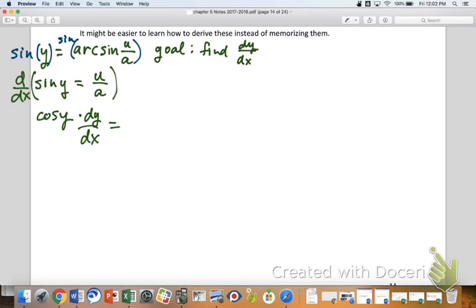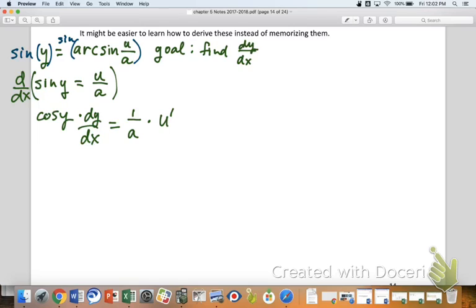Now let's remember, this is why I defined this earlier. u is some function in terms of x. a is some constant. So what's the derivative of u over a? 1 over a times u prime. Sure. You could be fooled into doing a quotient rule, which I would not recommend, but it would work. So you could rewrite this as 1 over a times u prime. I think that works for us.